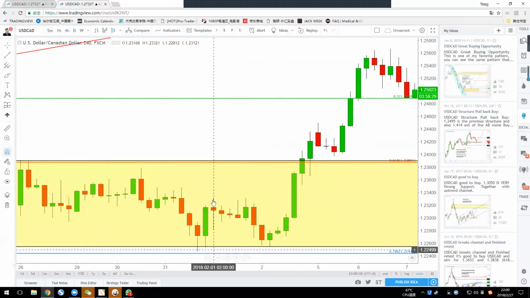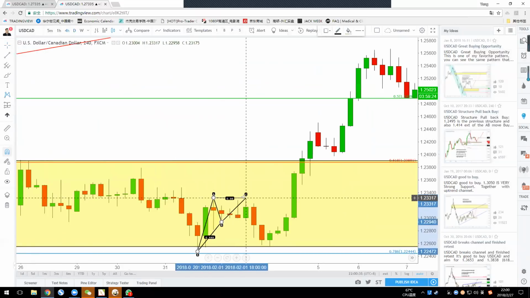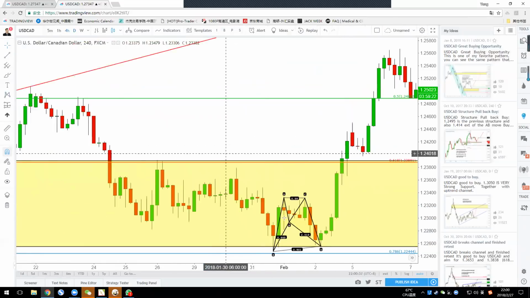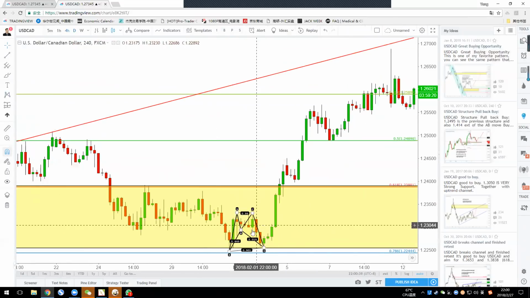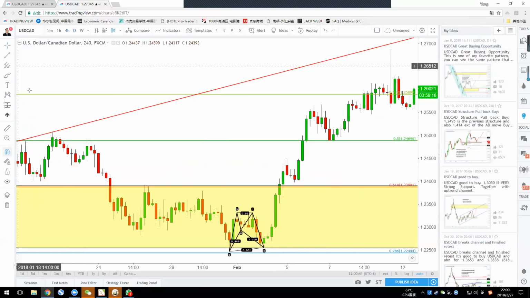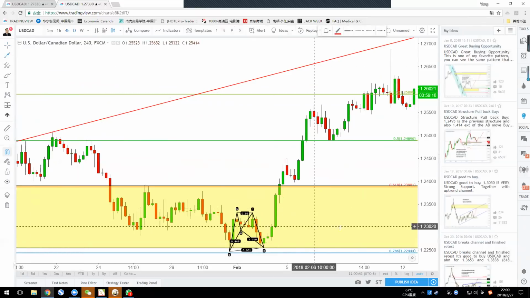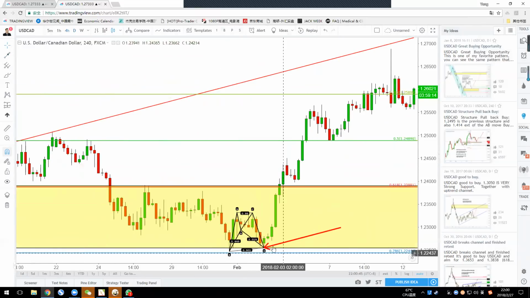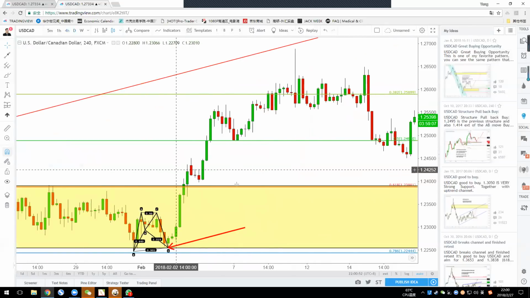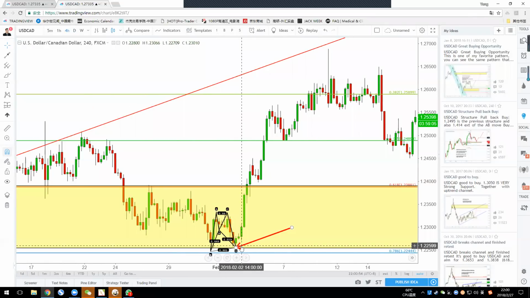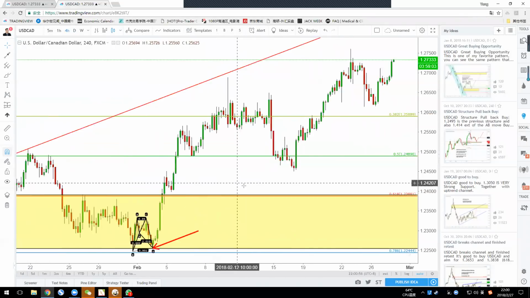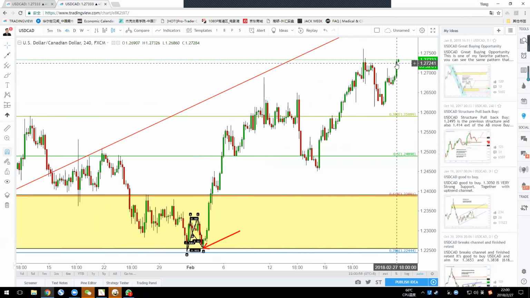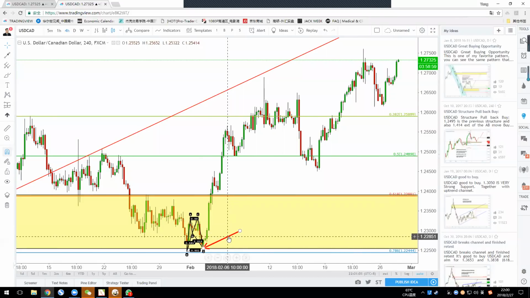You can see here, a very good harmonic pattern occurred at the range that we are looking to buy. That is the greatest part of harmonic patterns: you are always able to buy a low. Think about this. If you traded from this D point at 1.2260 and held to here, wow, that is almost 500 pips. Is this powerful?